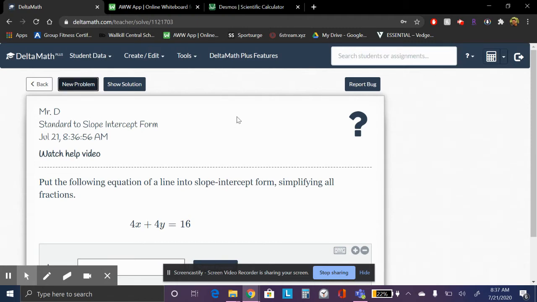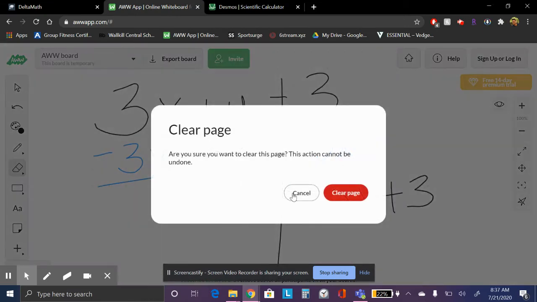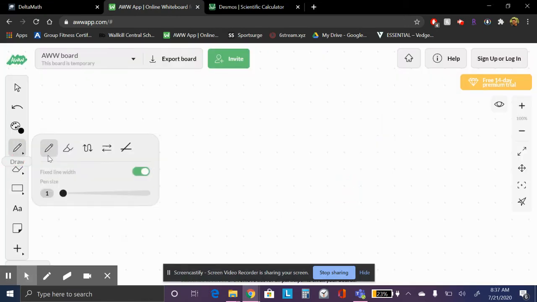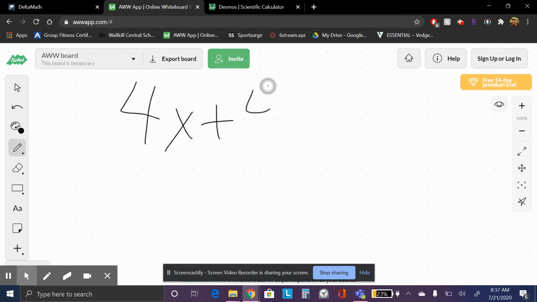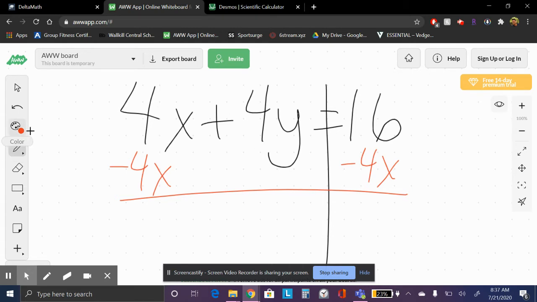All right, 4x plus 4y equals 16. Draw my line down my equal sign. I want to get my y by itself. So I subtract 4x from both sides. These are going to cancel out, except this 4y is going to come down.